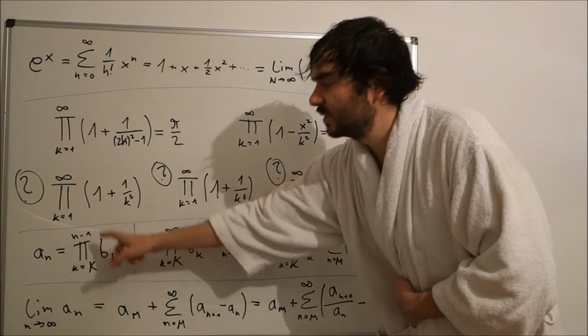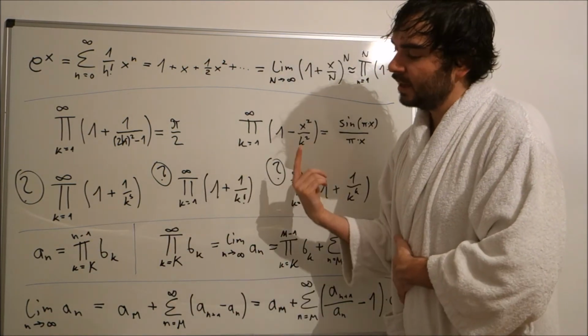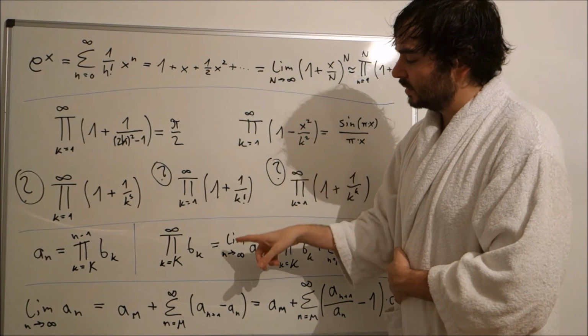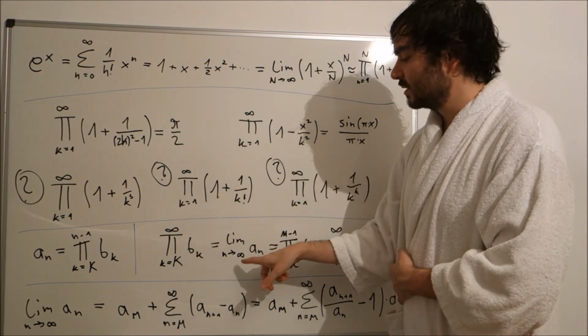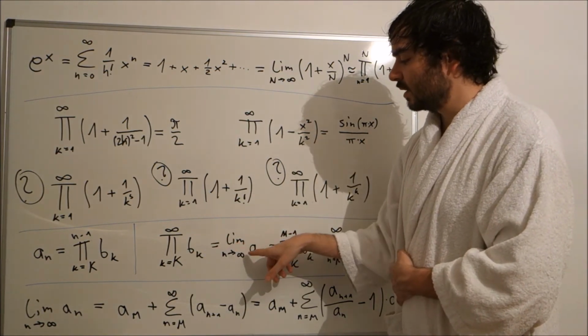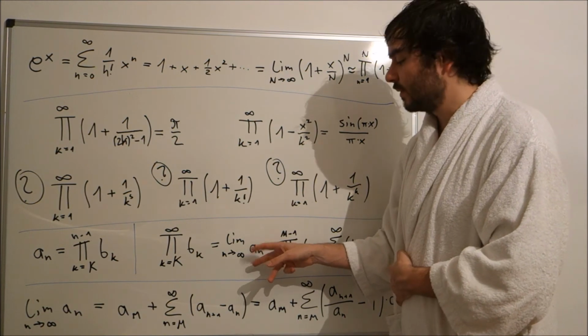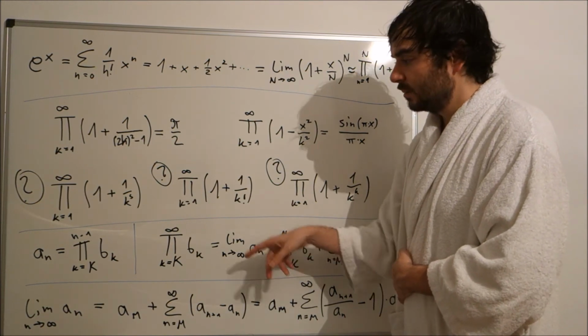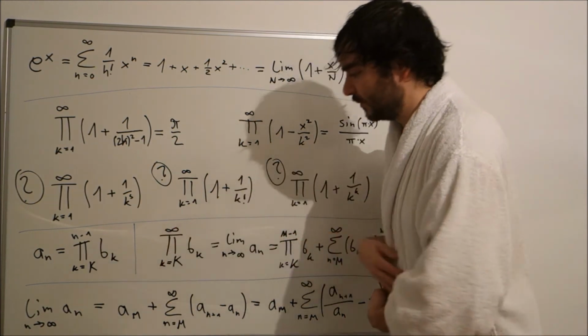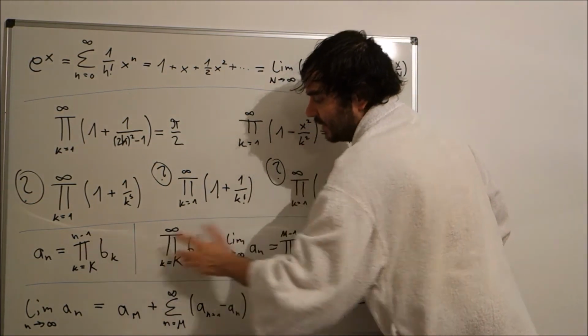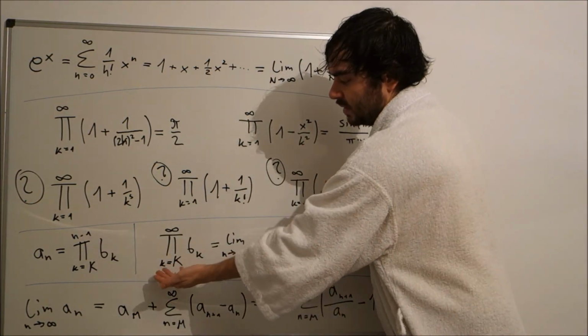This is just the definition of my a, and this infinite product is really the limit of this sequence for n to infinity.